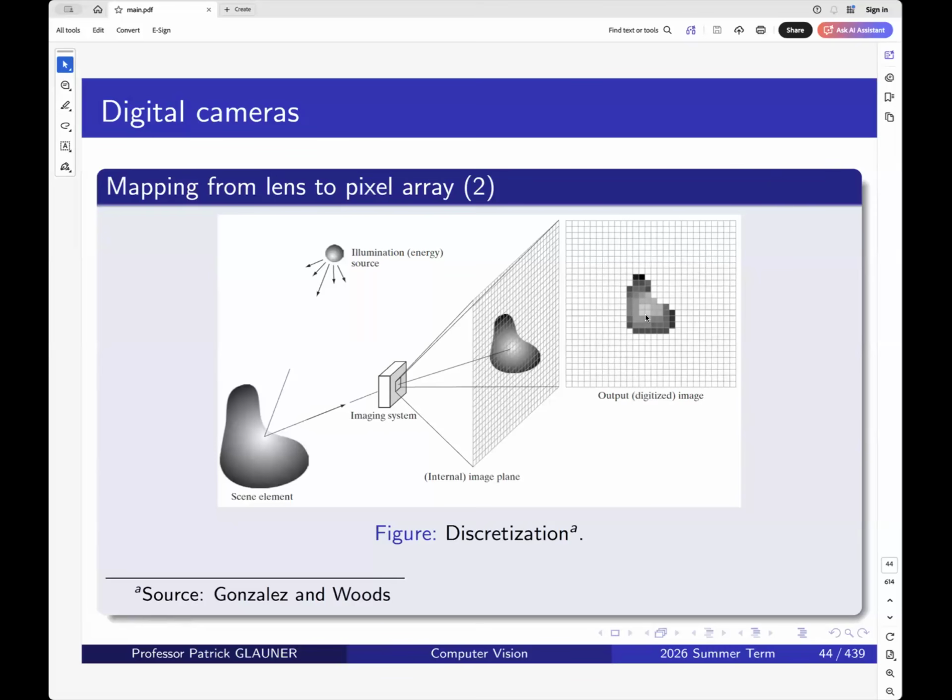But for our pixel values, we don't have continuous values, rather discrete values too. So if we have a certain number of bits, there is a certain number of possible values we can store in here. So the intensity here is also not continuous anymore, but rather discrete, as you can see.